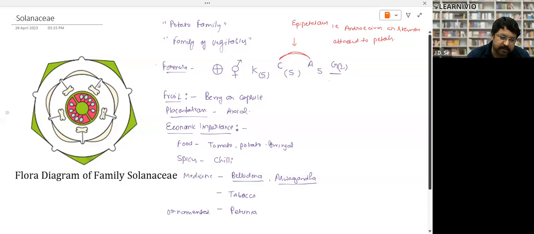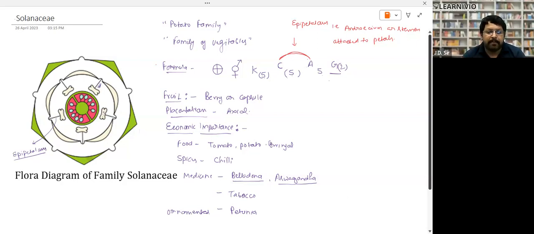This line represents the epipetalous condition. If you are aware of all these symbols, then you can make the floral formula from the floral diagram.